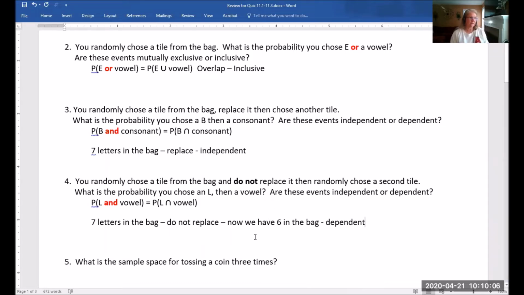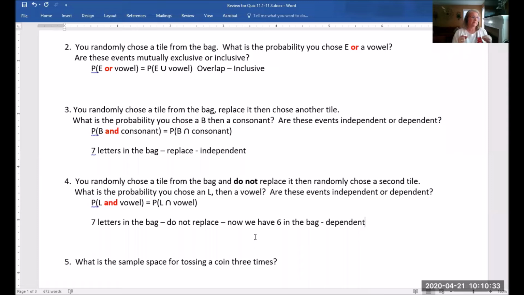So do y'all have any questions about 1 through 4 at this point? Hopefully this is clarifying things for you guys about when it's mutually exclusive and inclusive, when it's dependent and independent. Remember, with or statements, that's when it's mutually exclusive or inclusive, and if there's overlap, that's when it's inclusive. When it's and statements, that's when it's dependent or independent.